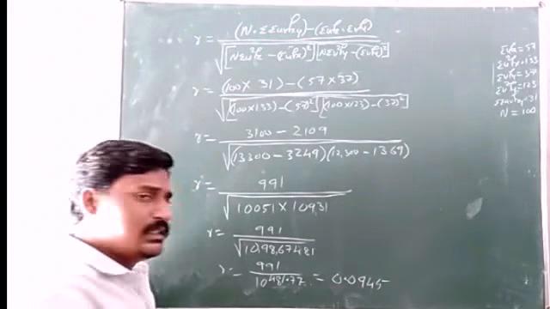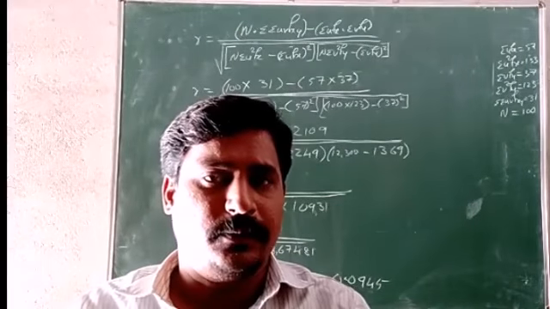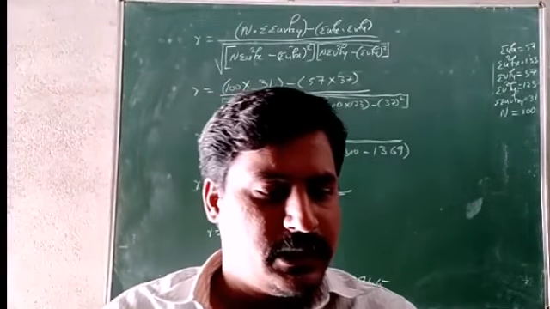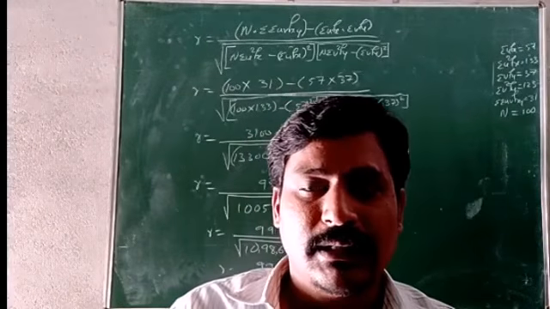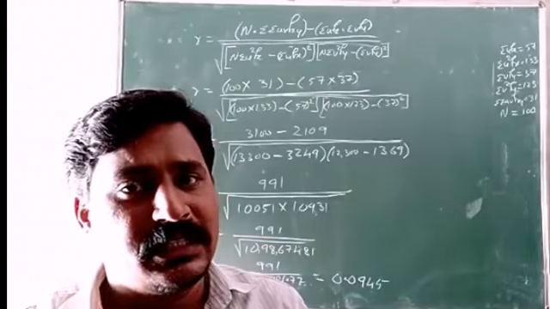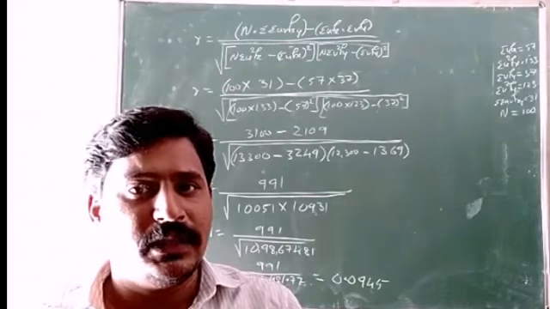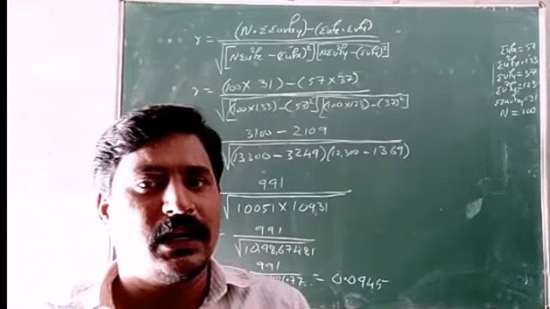So as we have the answer here, 0.09, it means a low degree. It is less than 0.5. So there exists a low degree positive correlation between both variables x and y here.